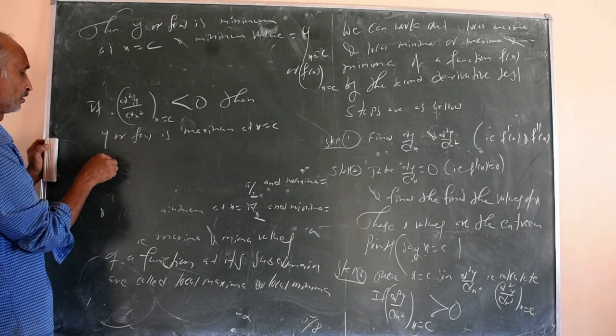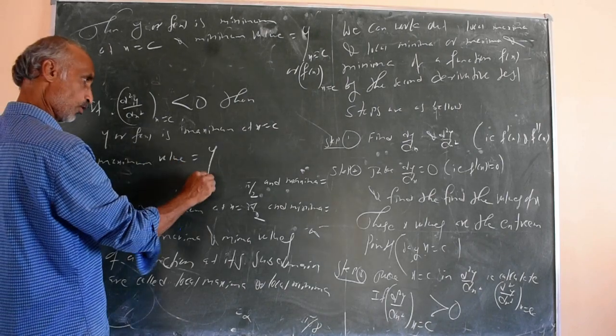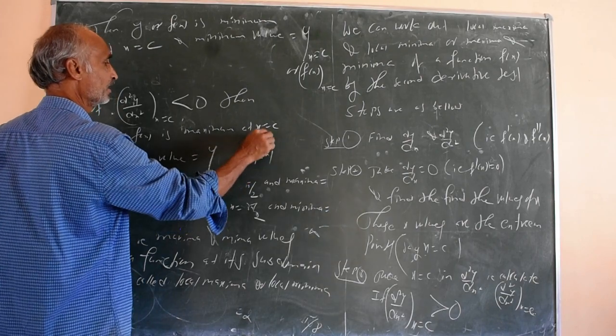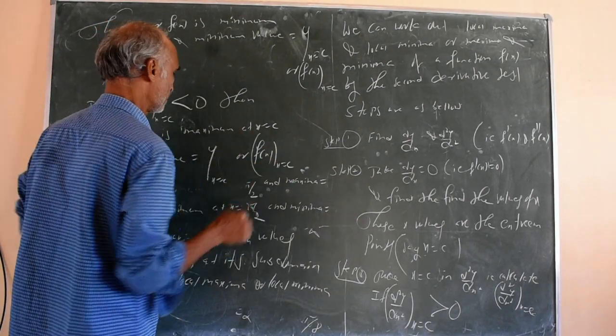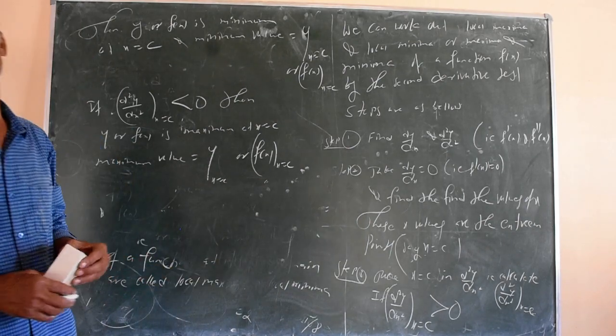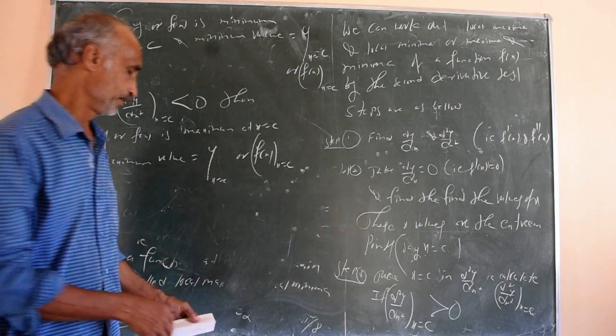Maximum value is equal to, in y take x is equal to c, or in f of x take x is equal to c. This is the easy way to work out maxima and minima. Okay. Let us solve the problem.